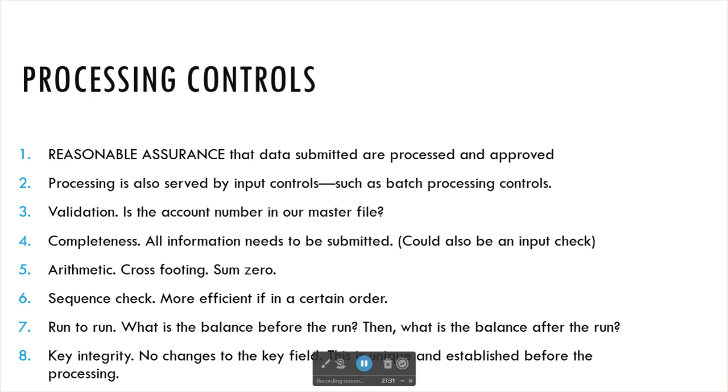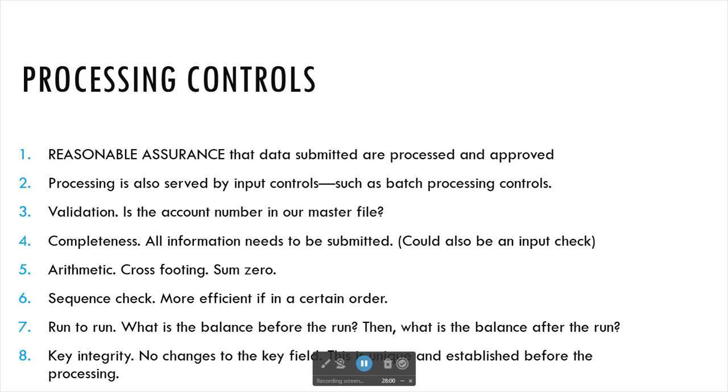Processing controls provide reasonable assurance that the data submitted are processed and approved. There are input controls, the validation, completeness, everything's there. They check for arithmetic, and that includes the debits equaling the credits. Sequential checks, run to run. What is run to run?